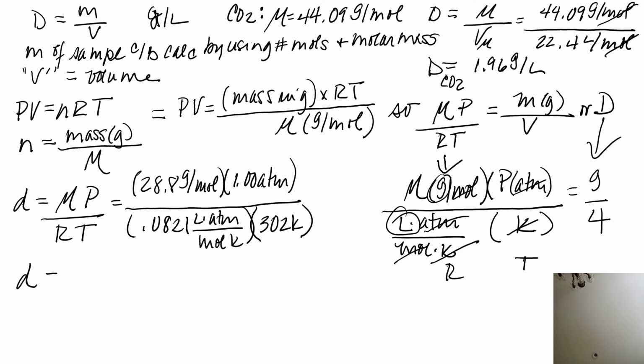So the density of air at 1 atmosphere and 302 K equals 1.16 grams per liter.